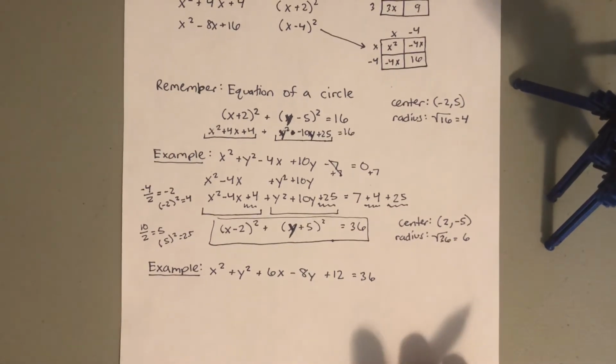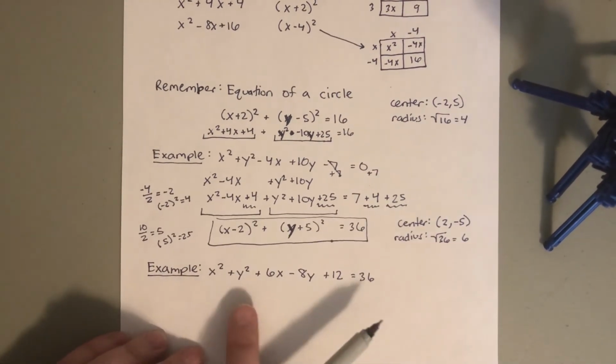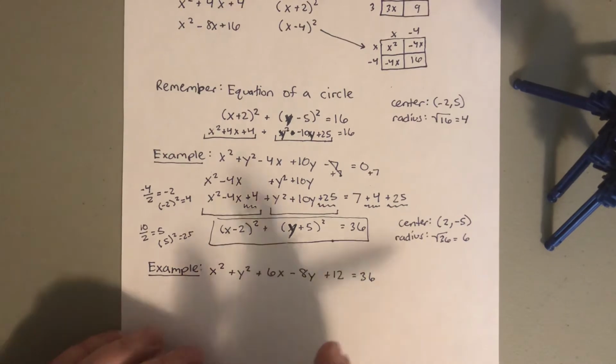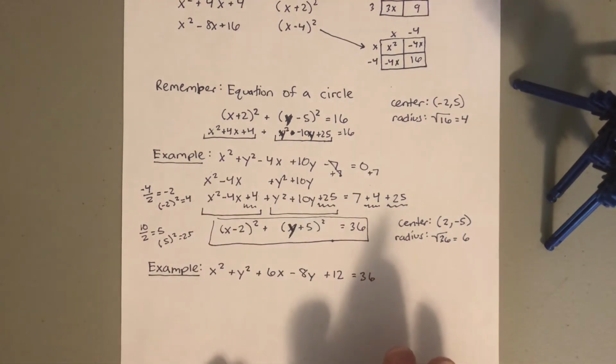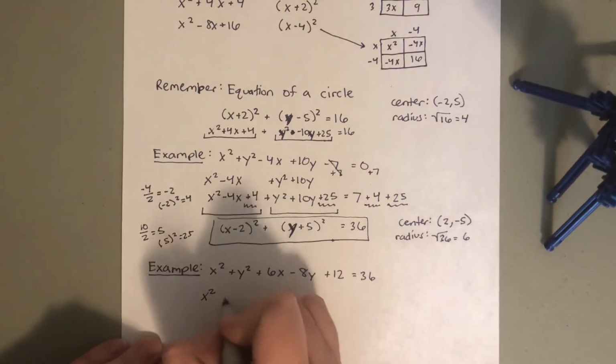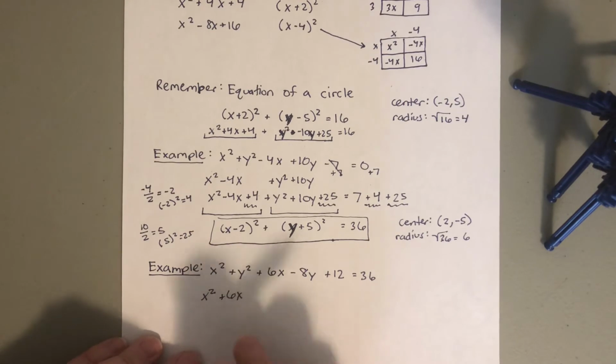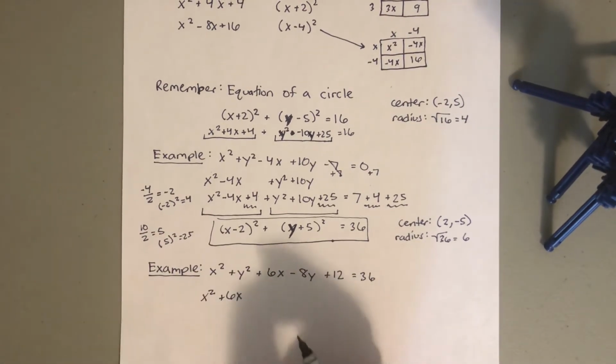Let's try it again. So the first thing we do is we split all of the terms into a group of x's and a group of y's. So over here, we're going to have x squared plus 6x, and then we'll leave a little space so that we can finish that perfect square in a second.